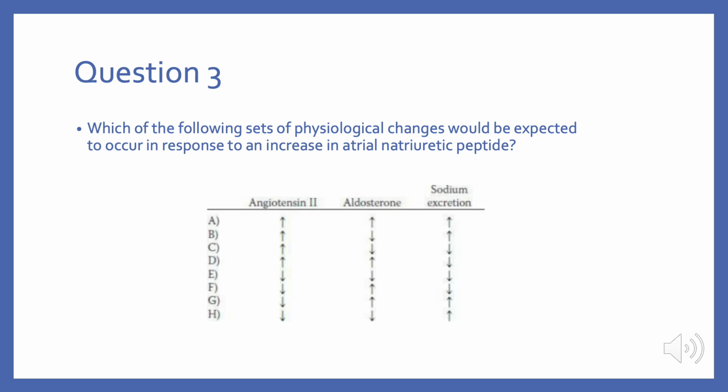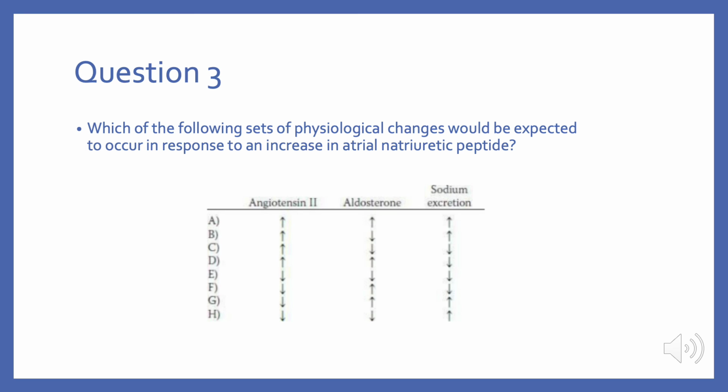RAAS system, so angiotensin II should decrease and consequently aldosterone should decrease and sodium excretion should increase, because ANP has as one of its main functions to increase sodium excretion, which also counteracts the RAAS system, as the RAAS system has as one of its goals the increase in sodium reabsorption, not sodium excretion.